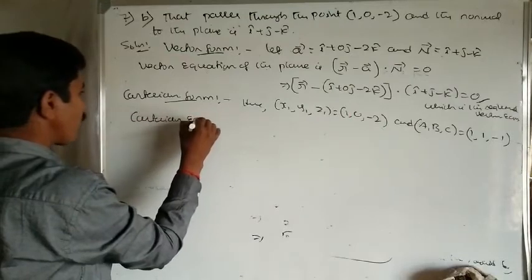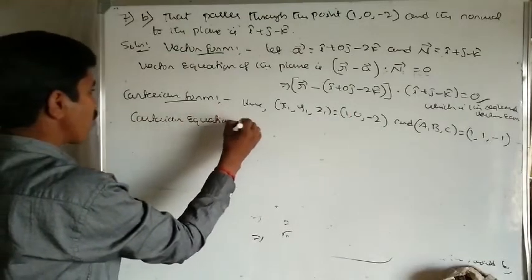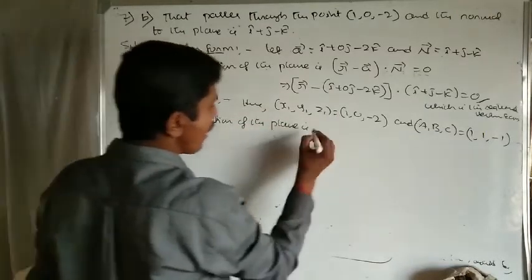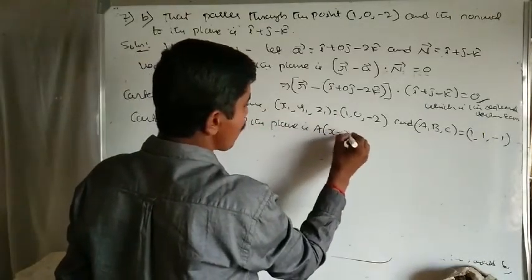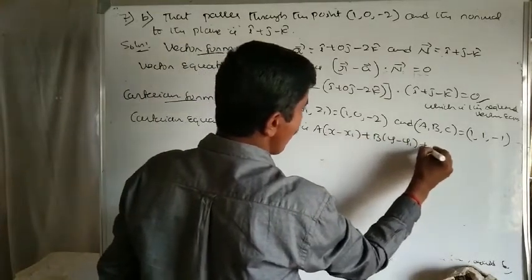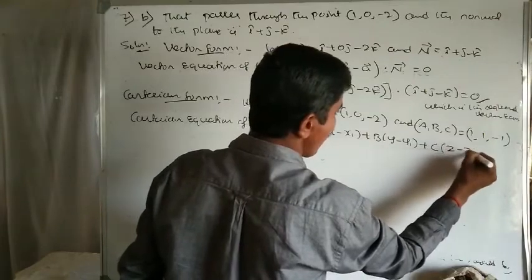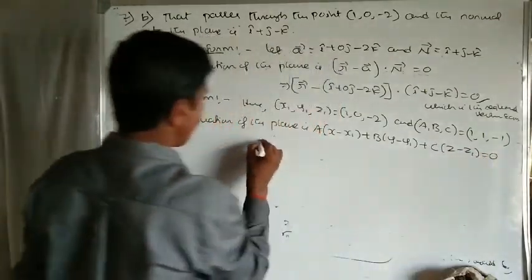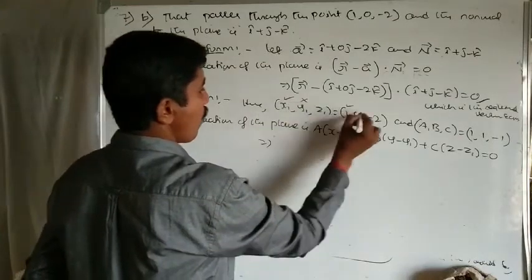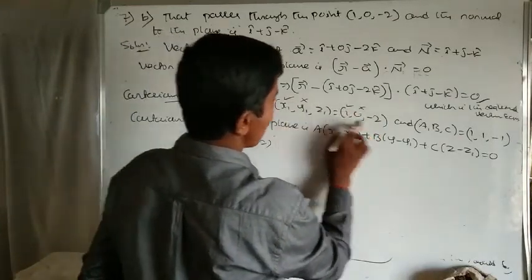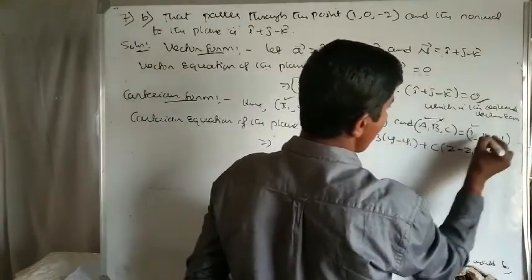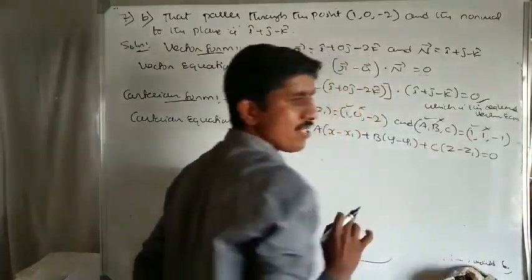The Cartesian equation of the plane is given by a into x minus x1 plus b into y minus y1 plus c into z minus z1 is equal to 0. Here x1 is equal to 1, y1 value 0, z1 is equal to minus 2, and a value 1, b is equal to 1, c value minus 1.